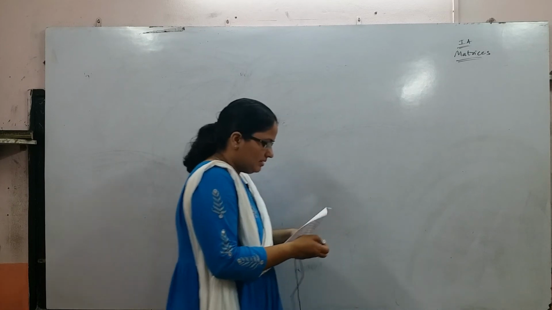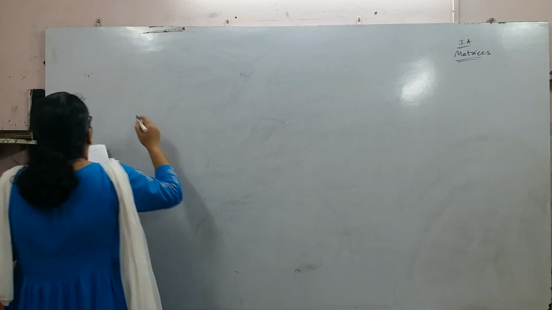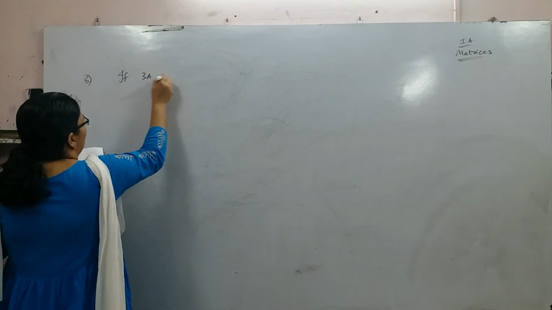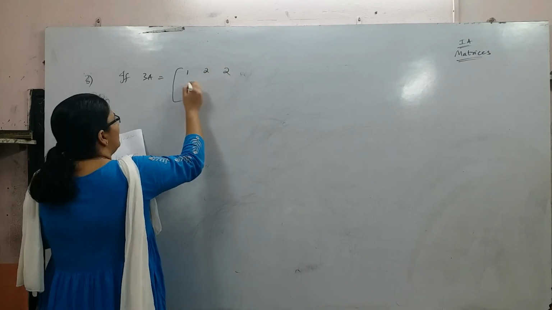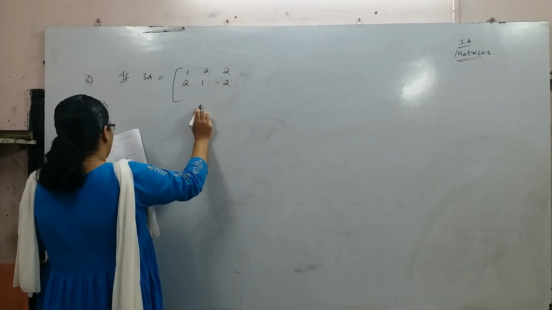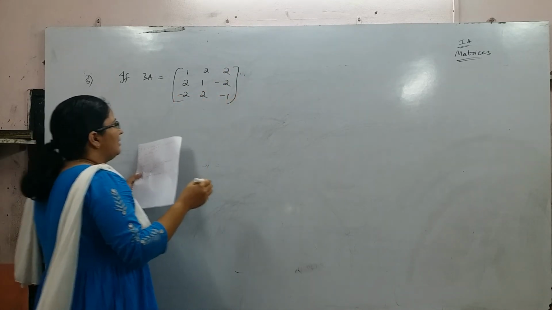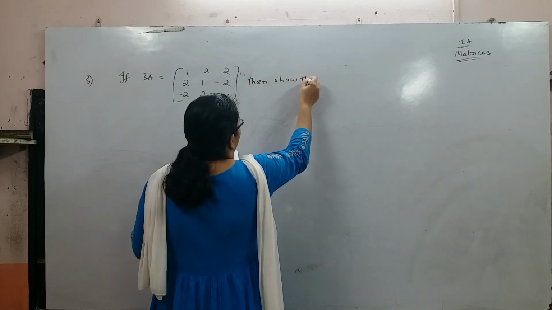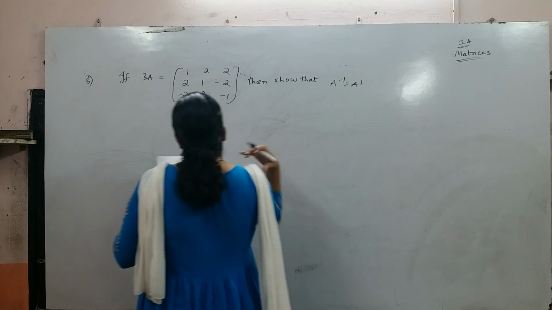Let us discuss the next problem. Eighth one. If 3A is equal to 1 2 2, 2 1 minus 2, minus 2 2, minus 1, then show that A inverse is equal to A transpose.